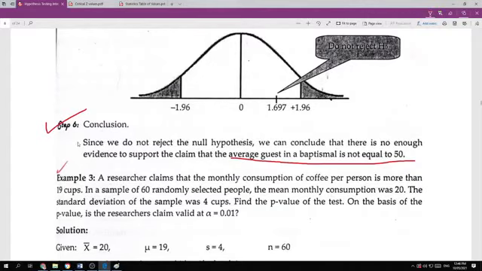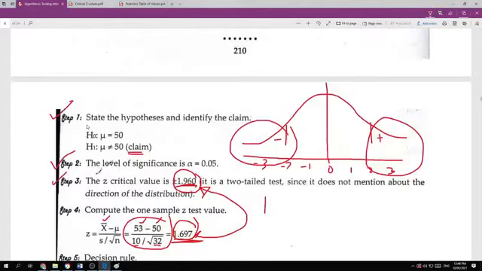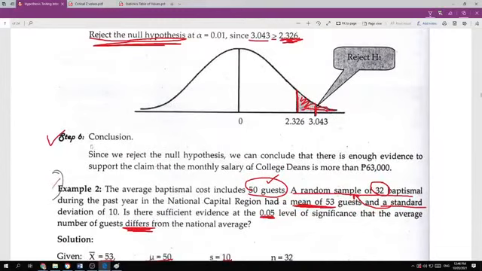So our conclusion here is so simple. If we reject, it's like this: since we reject the null hypothesis, we can conclude that there is enough evidence to support the claim that the monthly salary of the college dean is more than 63,000.